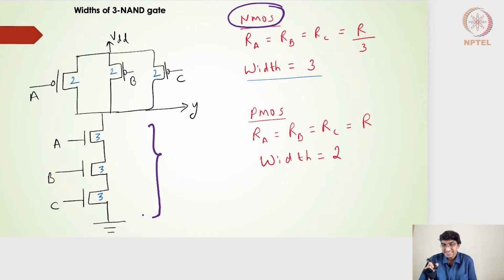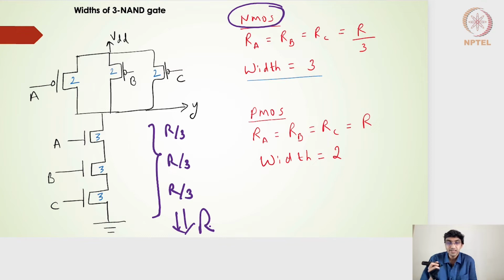We had said that each of these transistors should have an individual switching resistance of R by 3, so that finally we get a switching resistance of R, which is equal to the unit inverter's falling resistance, right? So if it is R by 3, then my width has to be 3, so that I'll get a resistance of R by 3. Similarly, the B transistor should also have a width of 3. The C transistor should also have a width of 3, so that I'll get the switching resistance of R by 3.